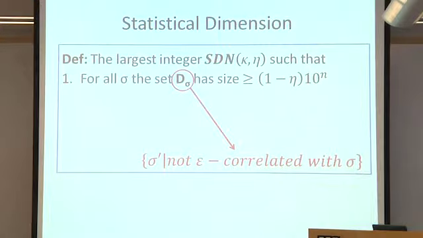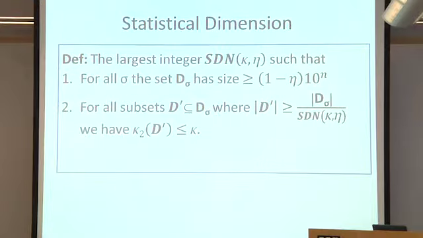So the statistical dimension of a search problem is the largest integer, denoted by SDN, statistical dimension, such that, okay, there are two parameters here, kappa and eta. Eta here says that for all sigma, the set D sigma, which is the set of all secret mappings that are not epsilon correlated with our secret mapping, has to have size at least 1 minus eta times 10 to the n. So eta specifies that this set D sigma has to be relatively large.